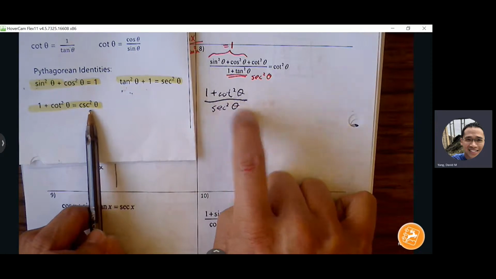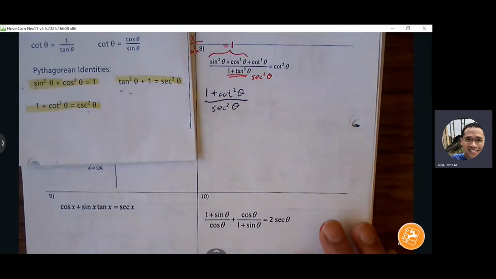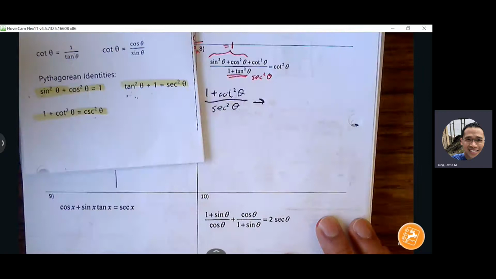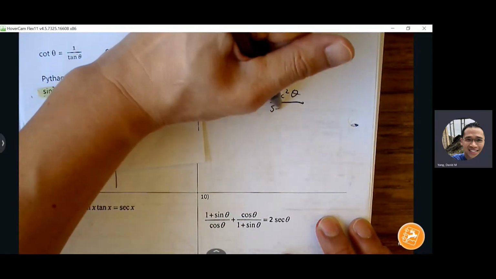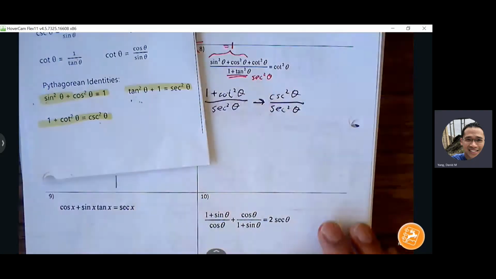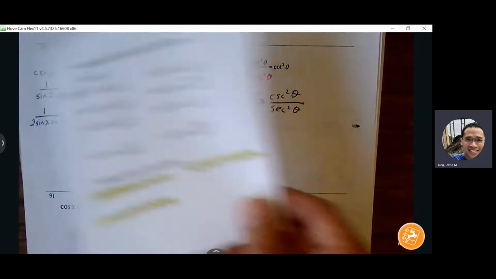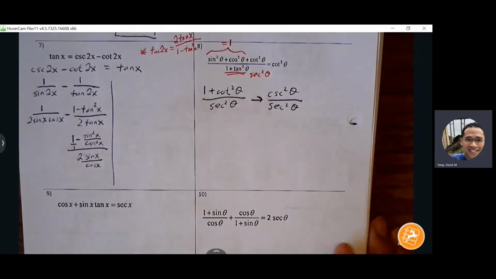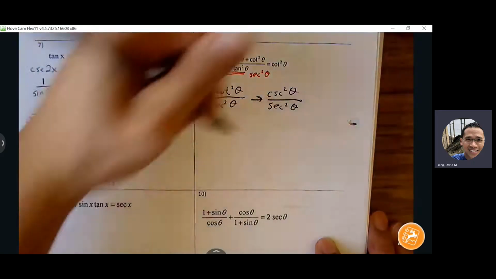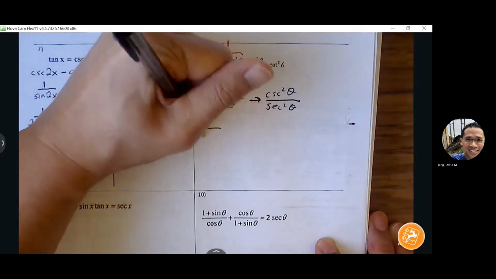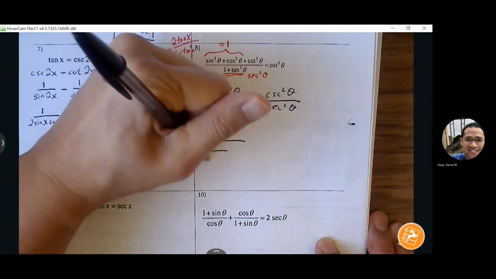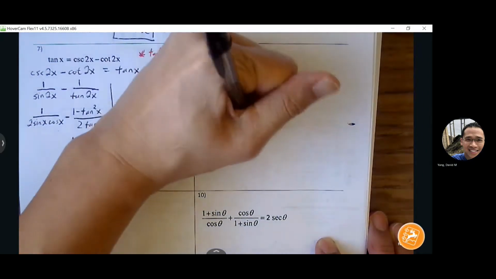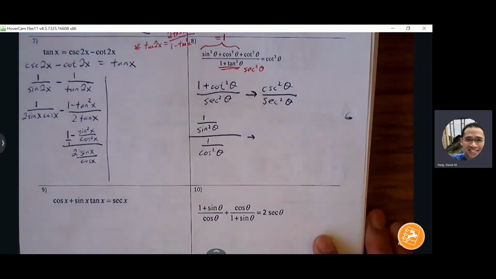I'm going to convert it, but splitting it into 2 fractions will also be fine. So now if everything is in terms of sine and cosine, I can get hopefully cosine over sine to show up. Multiply by the reciprocal.